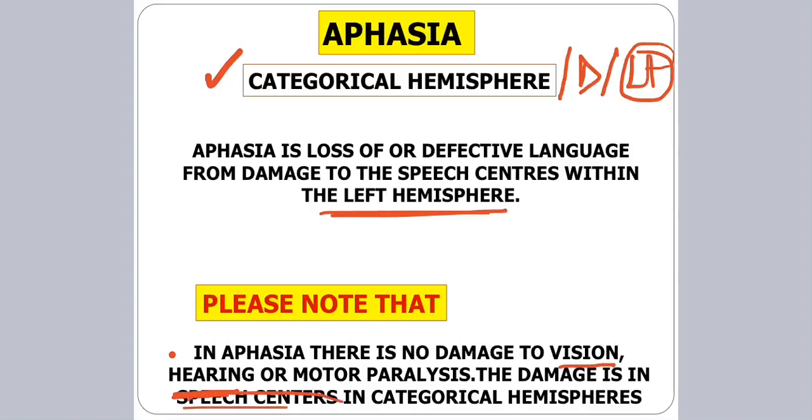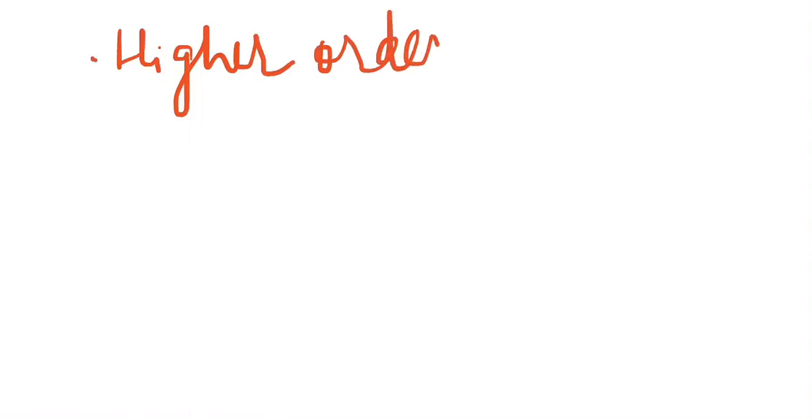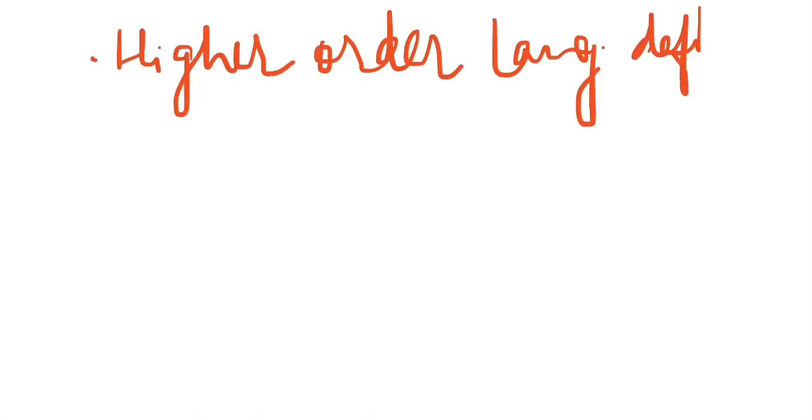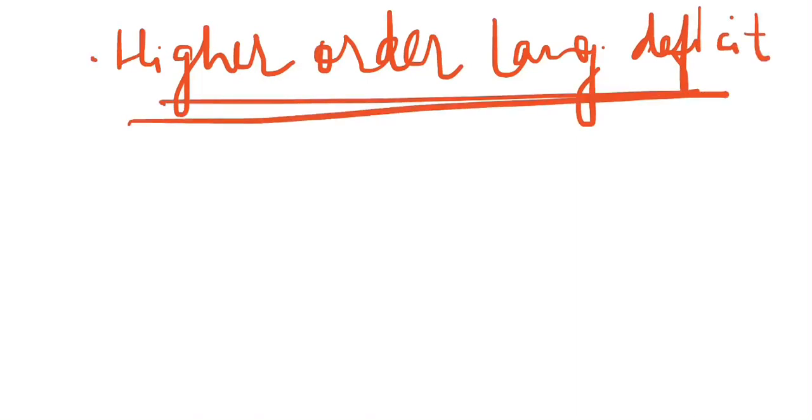If you ask a person to define aphasia, what is the proper definition? The proper definition is, aphasia is a higher order language deficit. And what do you mean by higher order language deficit?